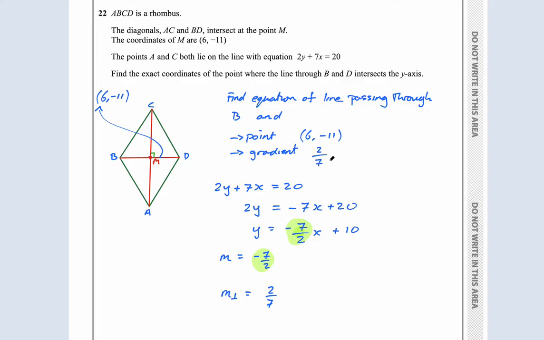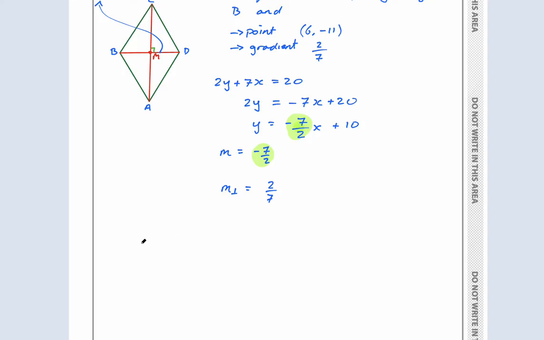Okay. Now I'm going to get the equation of the line BD. I'm going to get it using this formula: y minus y1 equals m into x minus x1. If you want to use y equals mx plus c and sub in the points and find c, that's fine. I prefer this equation. So I'm going to sub in y1. This is my x1, y1, and this is my m. So just be super careful, guys. I'm using this m, not this m.